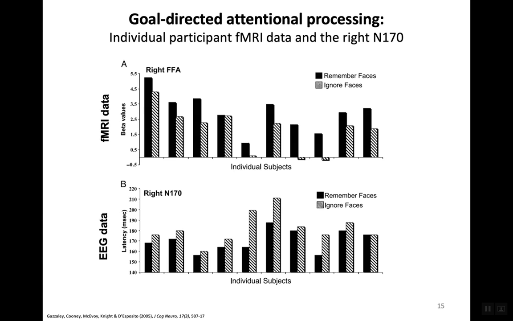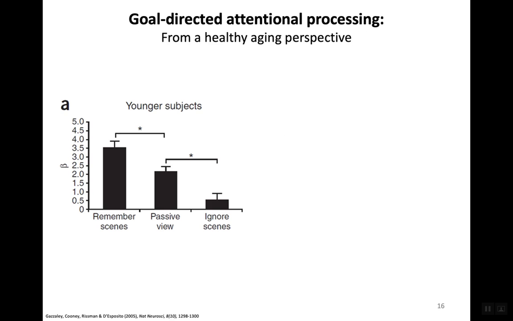These are all young adult individuals. So whenever we're looking at young subjects, this is what typically happens relative to passive viewing. Activity is enhanced, let's say, within the PPA whenever subjects remember scenes, and decreased whenever they're asked to ignore scenes.